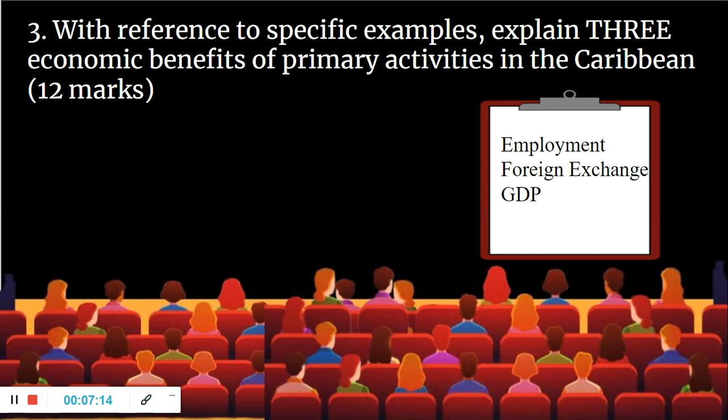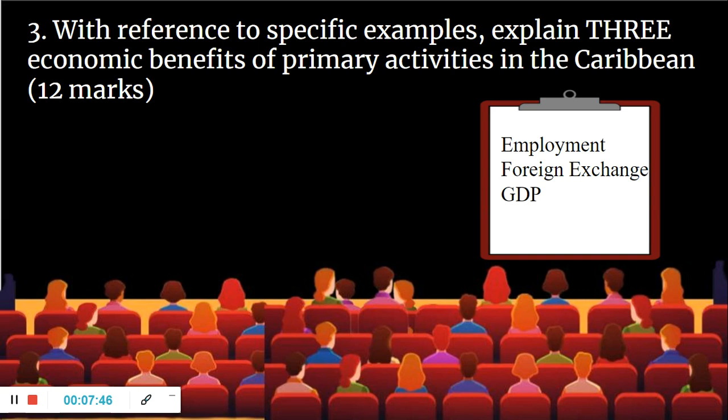So where a person is working for another person. And then if we want to get into why this is a benefit, we could explain that when more persons are employed, it gives those persons a greater level of independence, and it increases their standard of living.